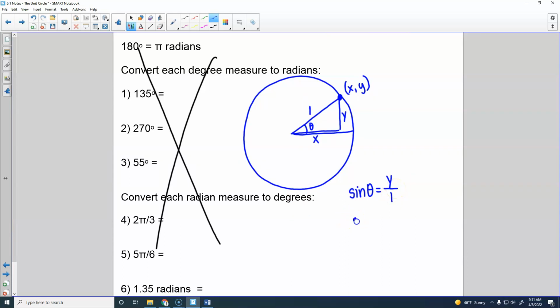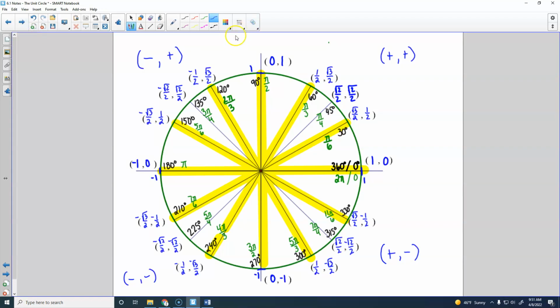So sine of theta is going to equal y. I do not have it at the top of my unit circle that I put here, but at the top of yours, you've got an x equals and a y equals. You've got some blanks for x equals and y equals on that orange one. So y is going to equal sine of theta. So that y coordinate is your sine of theta, right?